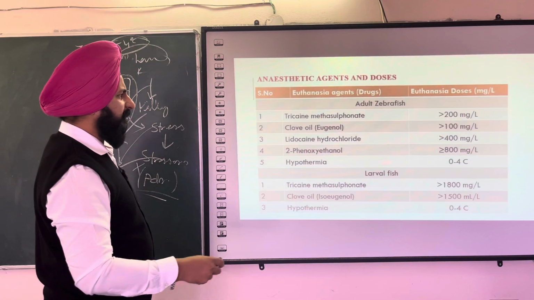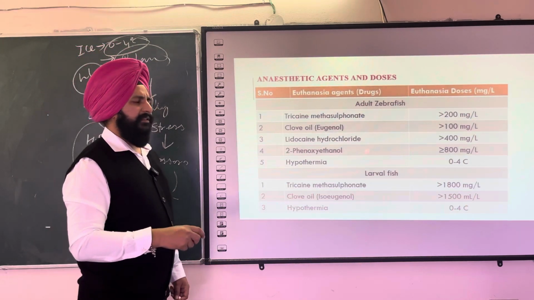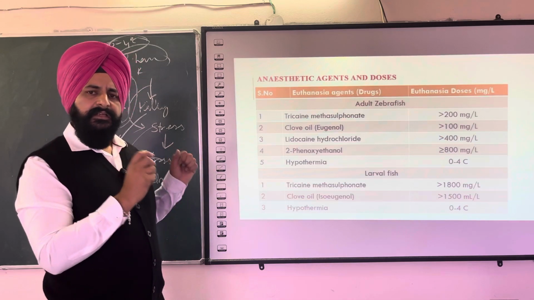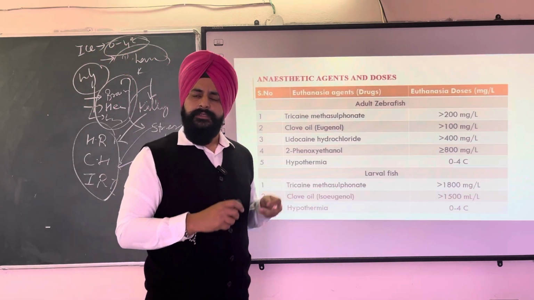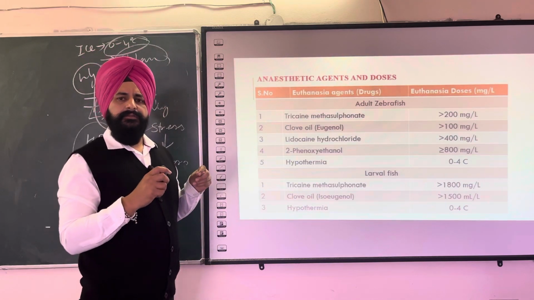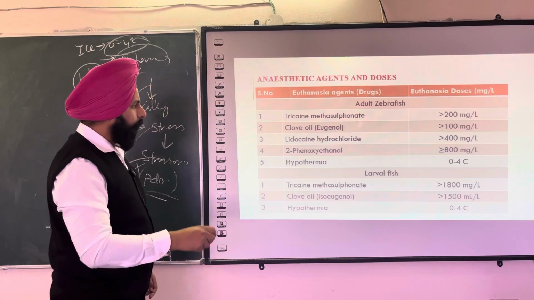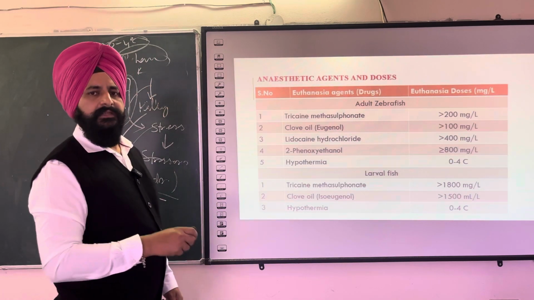Now these are the anesthetics which are very important, and the doses of these anesthetics are as per the guidelines of the animals, as per INSA, as per CPCSEA, as per institutional biosafety committees. These are the doses and various anesthetics which are preferred.